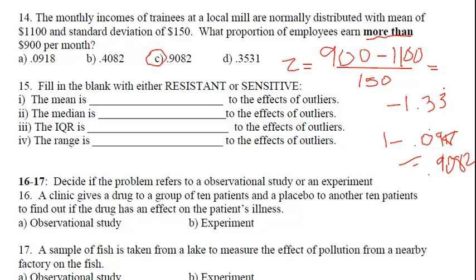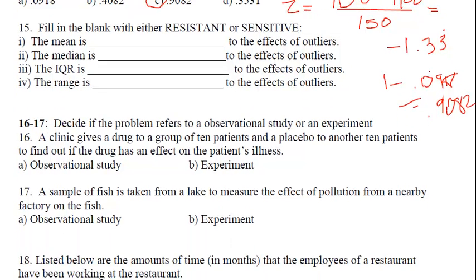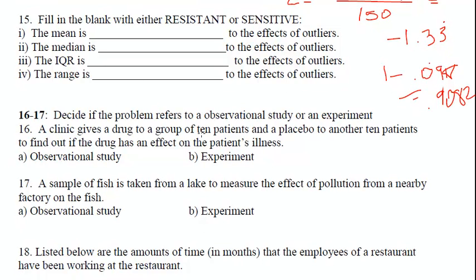Okay, so let's get through the next problem here. We're just identifying whether things are sensitive or resistant to outliers. So we did a worksheet where we demonstrated this. The mean is sensitive to outliers. The median is resistant to outliers. You can change the min or the max.